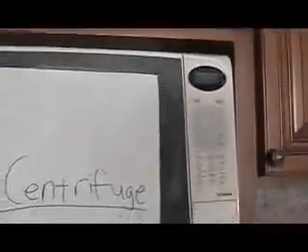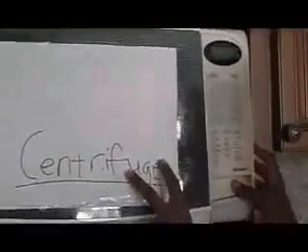Next, we spin the test tubes on a centrifuge to separate the solutions. After spinning it on the centrifuge, we use a pipette to extract some of the water-containing DNA.